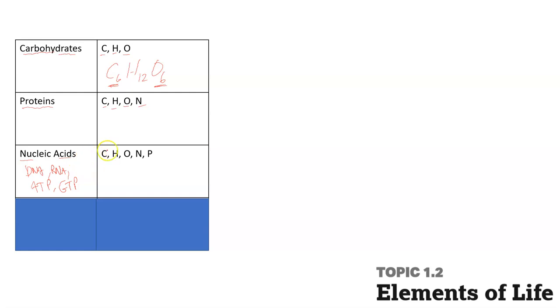But for the purposes of this video, all you need to know is that they contain carbon, hydrogen, oxygen, nitrogen, and phosphorus. That is what these are going to contain. We'll talk more about the genetic code and the bases contained in these nucleic acids, different types of nucleic acids, later on. For now, be able to identify it based on the elements inside of it.